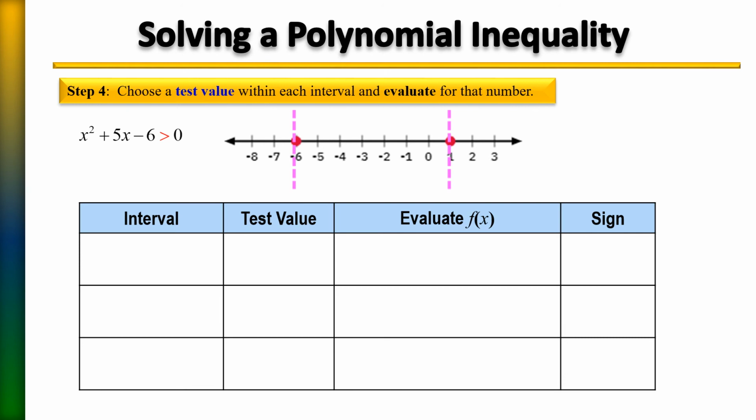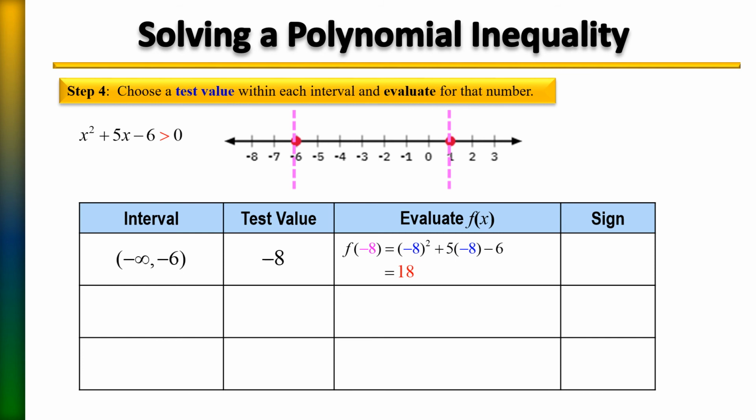So within each region, the first region we have is from negative infinity to negative 6. Let's go ahead and use the test point negative 8. So into the given function, we're going to remove the x's and replace them with negative 8. Once we do that and do the math, we're going to see that we have an output of a positive number.